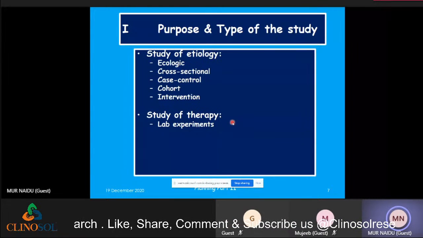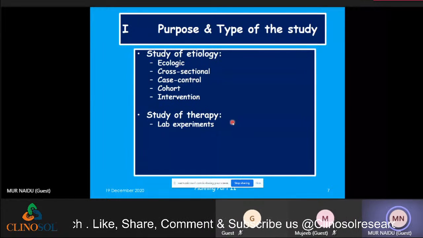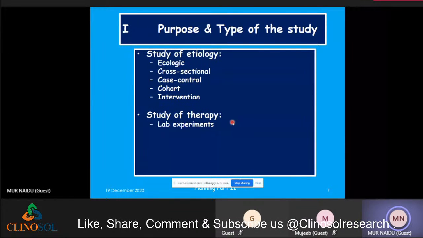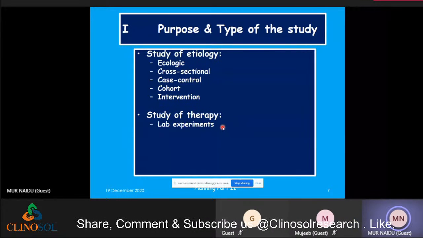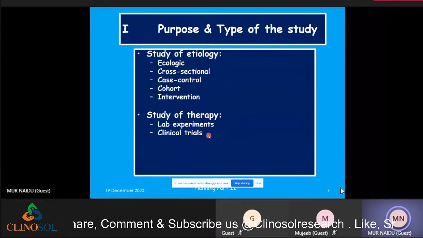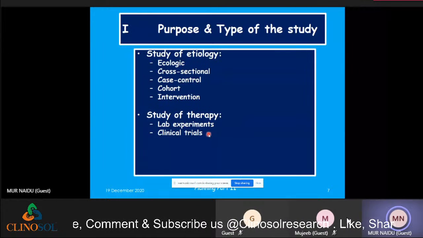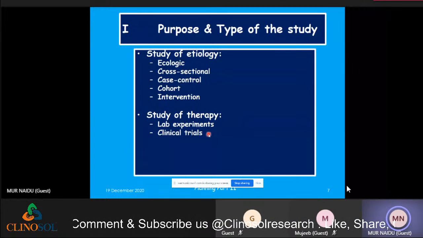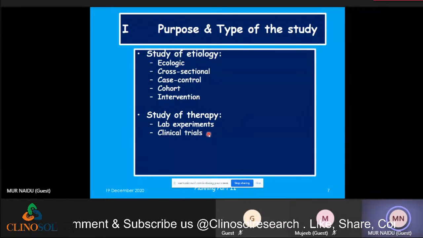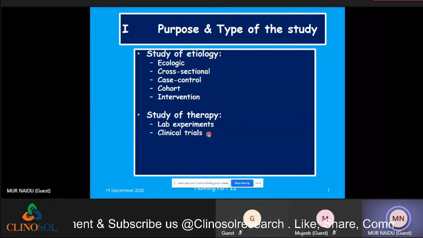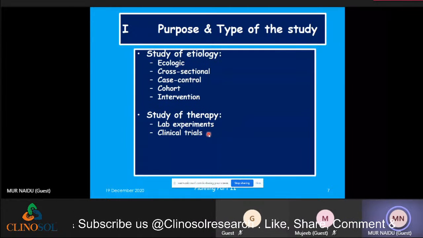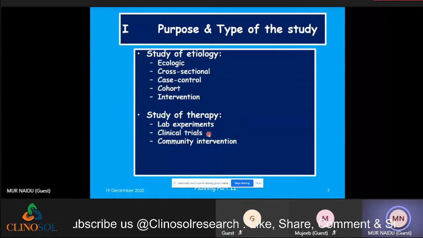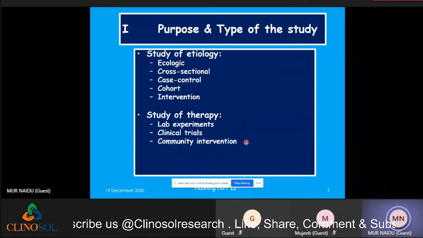You give your drug, you collect the blood sample, and then you check the cholesterol level. This is a simple lab experiment. Then normally what we are doing is a clinical trial where you take the patient and admit the patient into your trial and you give the drug and you conduct the study, which is commonly done by the pharma industry. Then there is a community intervention.